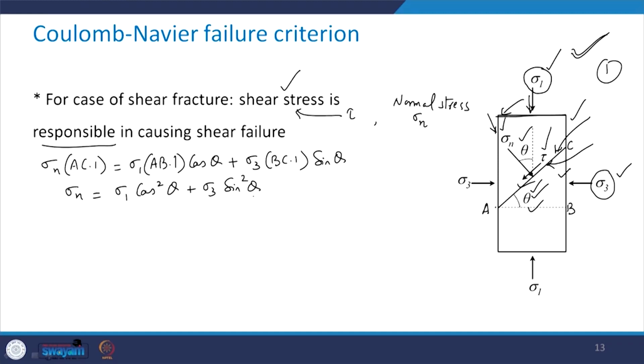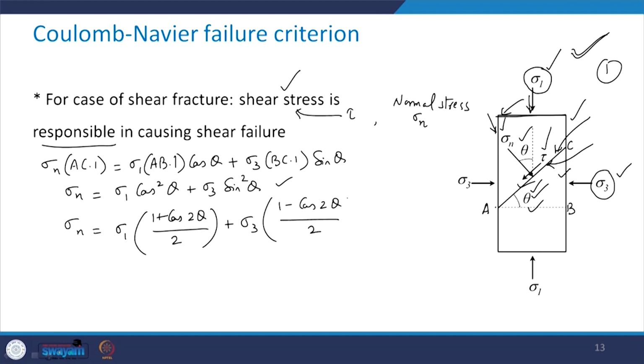So from there you will get this expression. Then you can further simplify it. Sigma n will become sigma 1 into 1 plus cos of 2 theta upon 2, plus sigma 3 into 1 minus cos of 2 theta upon 2.